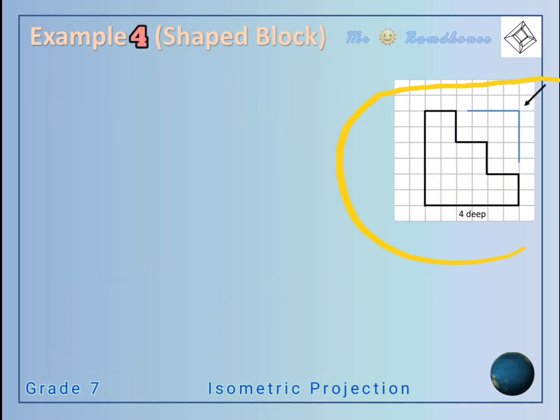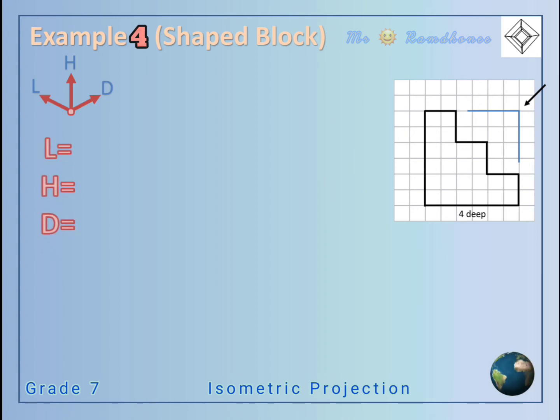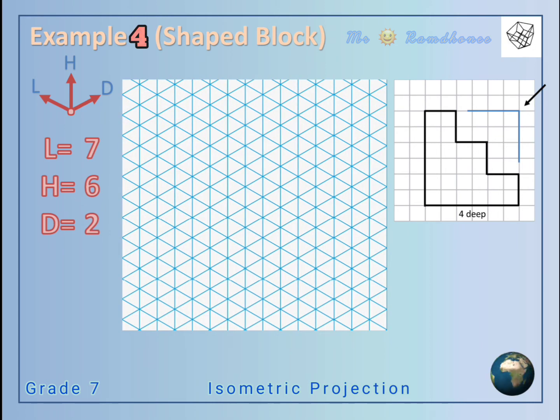We have to pay attention to this part. We have to draw the arrows for the LHD, and then we start the drawing. We're going to start from the bottom right corner because of the arrow which is given here. So we are going to start from this point. This point is point 7, and on our grid point 7 will be here.